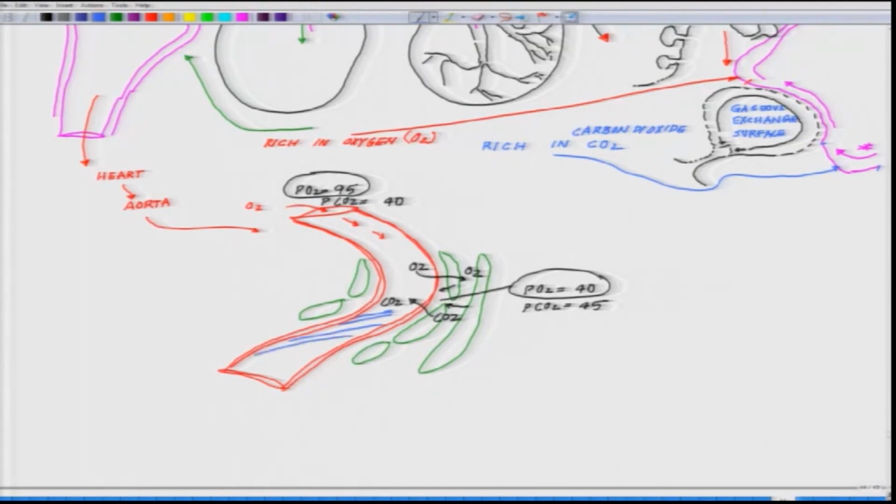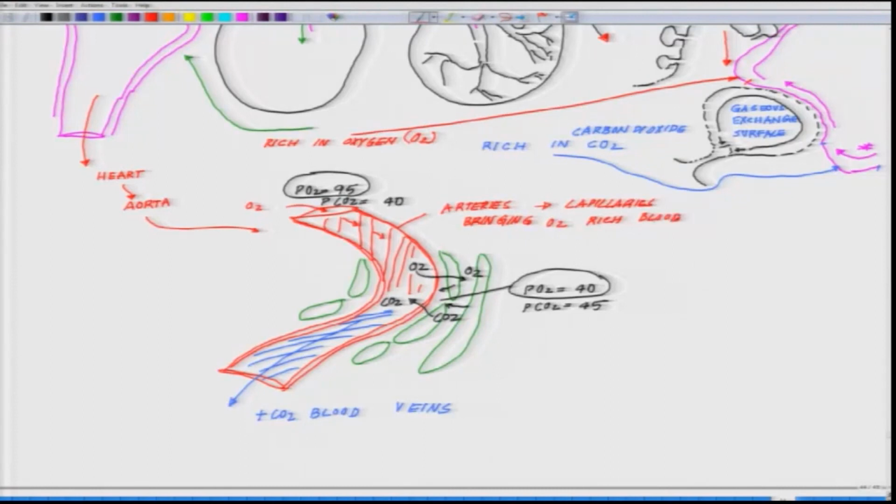Now this becomes the veins, which is carrying the plus CO2 blood, and out here are the arteries, followed by the capillaries, bringing O2 rich blood, and here you have the exchange of gas.